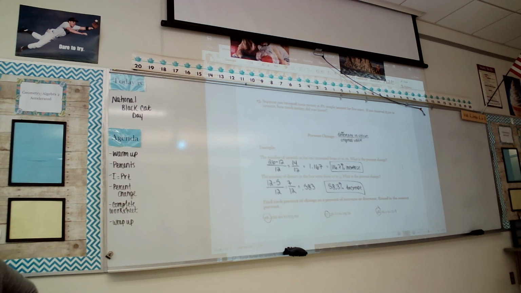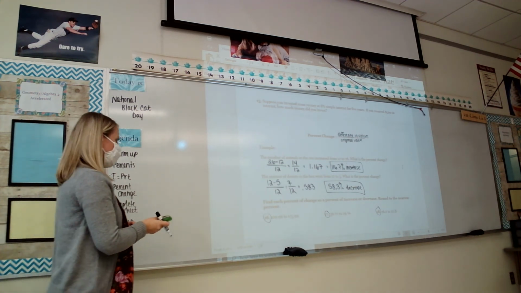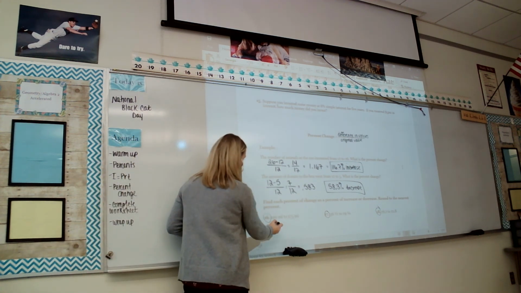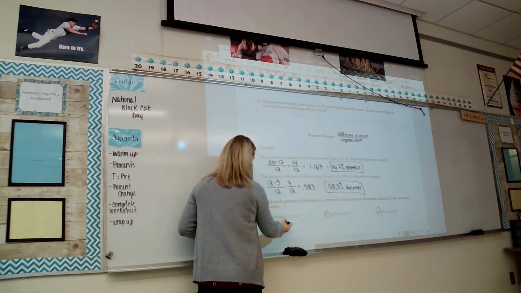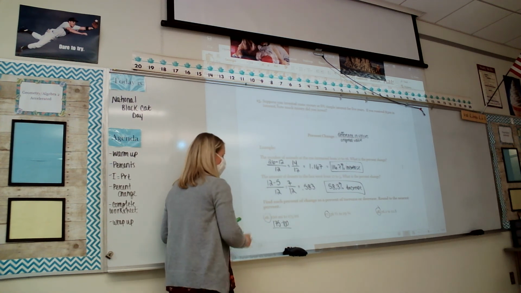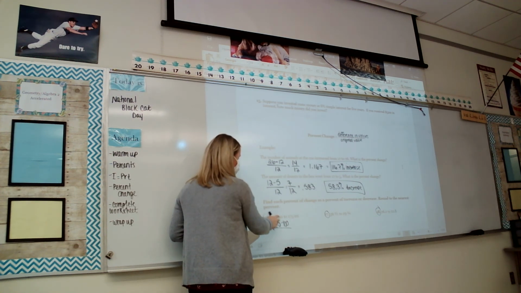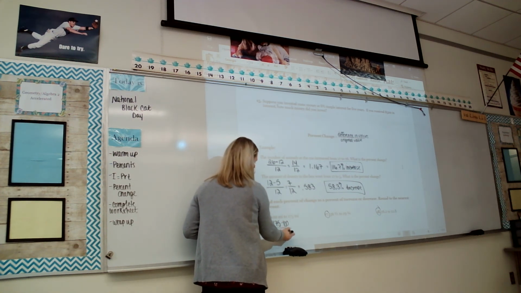Okay, so let's just be okay with the setup. We're just throwing in a calculator. So once again, doing the actual computation shouldn't be bad. It's just making sure you're putting it in the right spot. I'm going to subtract those two numbers, find the difference. I don't want negatives, so I'm always going to do the larger minus the smaller. I'm dividing by the original, which in this case will just be the first number given.